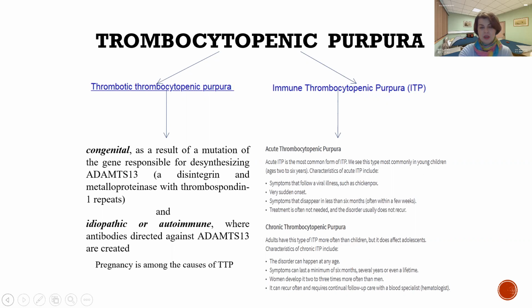Characteristics of chronic purpura are that the disorder can happen at any age and symptoms can last a minimum of 6 months, several years, or even a lifetime. Women develop it 2-3 times more often than men, unfortunately, and it can recur often and require continual follow-up care from a blood specialist.